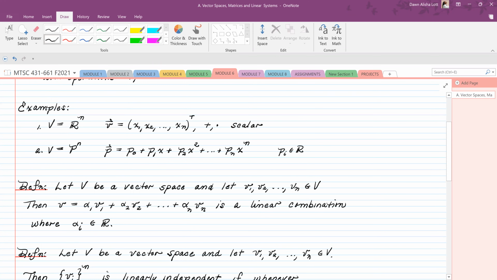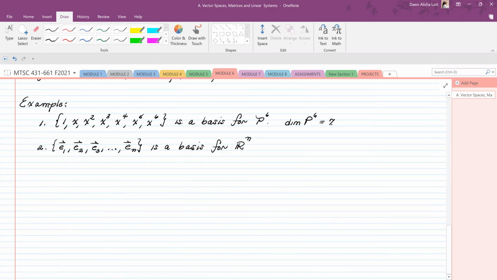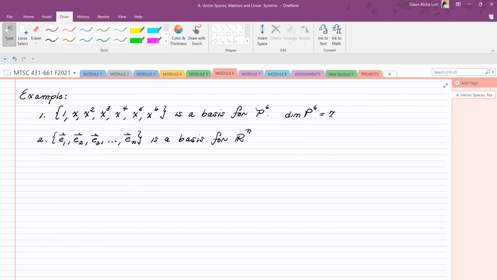So my E's are going to be in Rn, and so Ei is the vector 0, 0, 1, 0, 0, and this is the ith row. Okay. All righty.